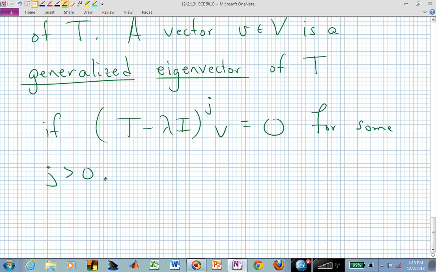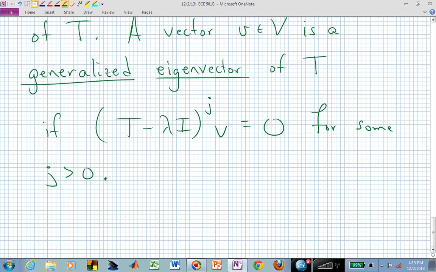So if we can find a vector v that's in the null space of T minus lambda I raised to some power j, for some j, that v is a generalized eigenvector. And if you look at this with j equal to 1, that's just what we've been calling an eigenvector all along. So an eigenvector is a generalized eigenvector, but it doesn't go the other way around.